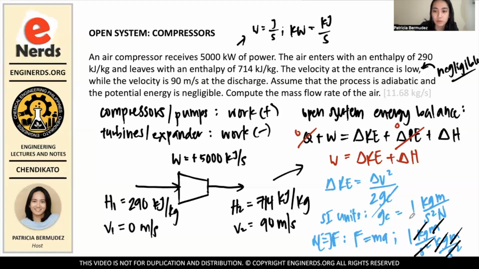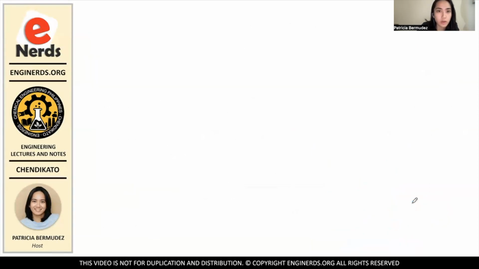Okay? So, our equation then becomes work is equals to the change in velocity, which is V2 squared minus V1 squared over 2, plus the change in enthalpy natin, which is just delta H. So now we're just going to substitute the values that we listed down here in this simplified equation.